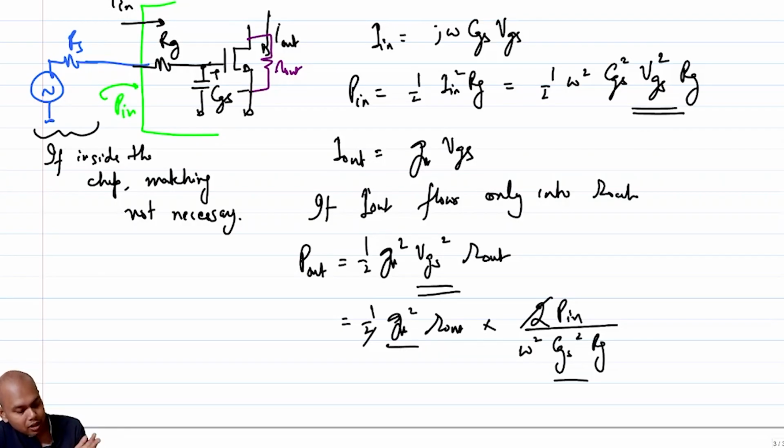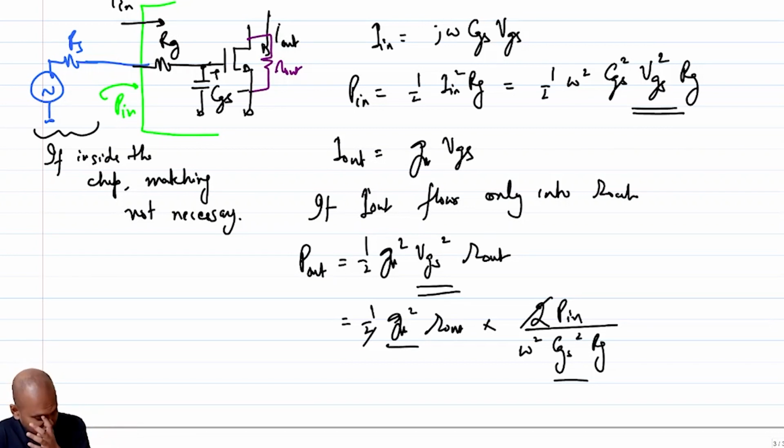But more importantly, as the frequency increases, the CGS is drawing more current, which means more power is getting dissipated across RG naturally, right? So in order to get more output power, you are not only taking power from the source, that anyway you will have to take, now you are also taking power from the input, whatever is driving your PA also, right?